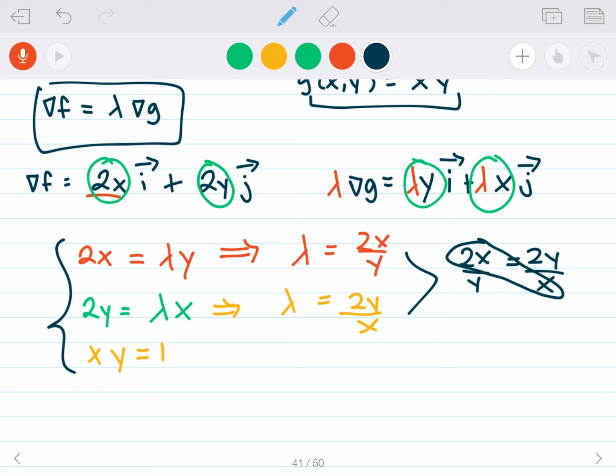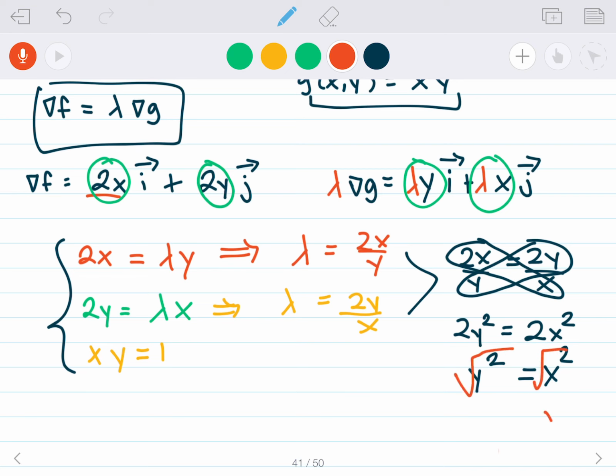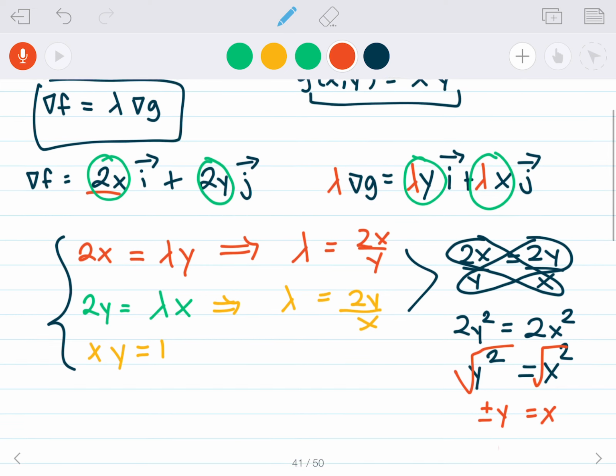I can just cross multiply to make it easier on myself. 2y times y is 2y squared equals 2x times x is 2x squared. I can divide the 2 out as well, and I get y squared equals x squared. Then if I take the square root of both sides, I get x is equal to plus or minus y. So there is my relation: x is equal to plus or minus y.